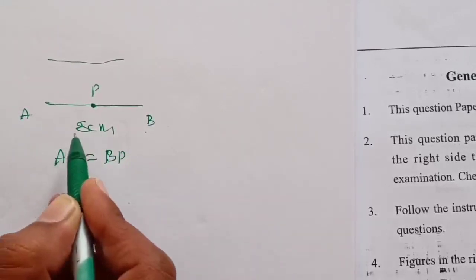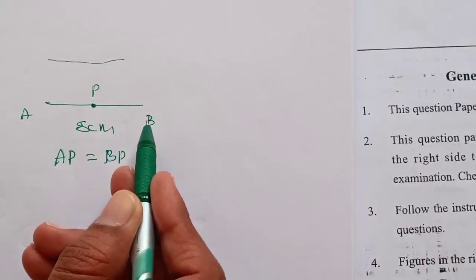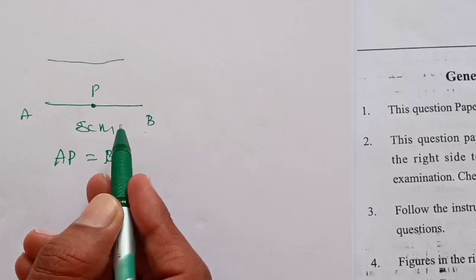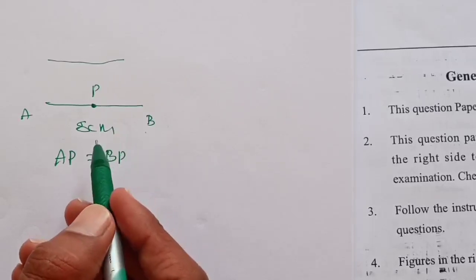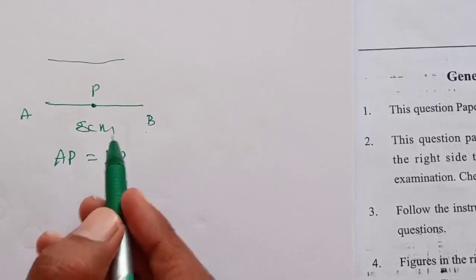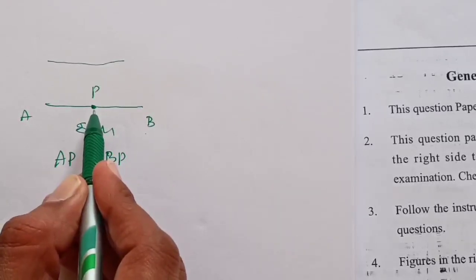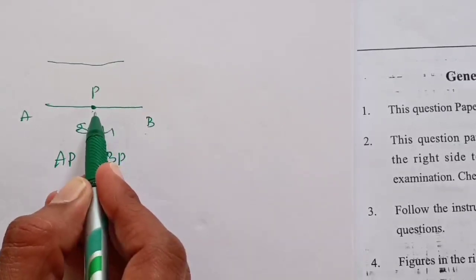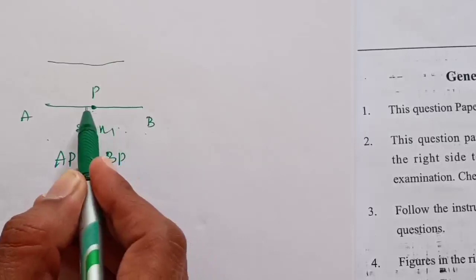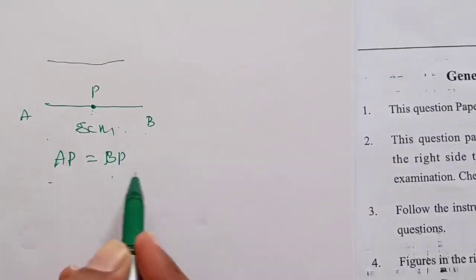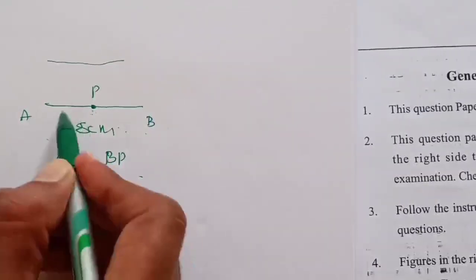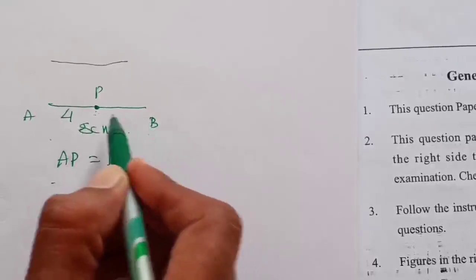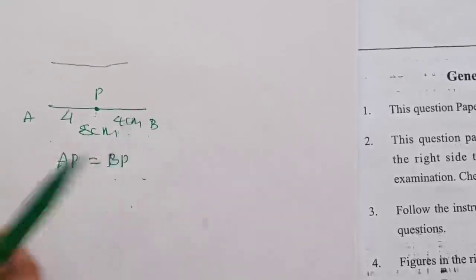Okay, let me call this point as P, so that AP is equals to what they have given, BP. So that means AP is equals to PB. Out of these 4 options, which option is correct, that you need to pick, right? So therefore, this point P is the midpoint. So that means this 8 centimeter has been divided at the point P, so that AP equals to BP means AP will be equals to 4 centimeter and BP will be equals to 4 centimeter, right?